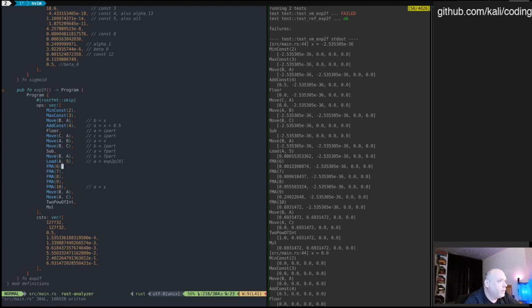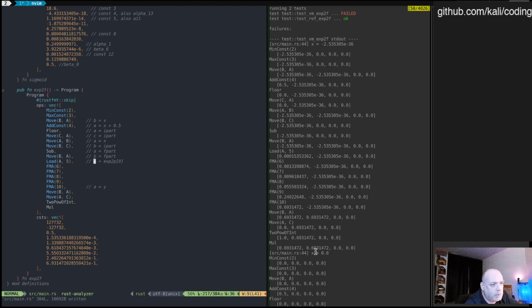Then we're loading the first, so we're putting our tiny value in B. We are then loading the first constant, multiplying. So far, it looks pretty good. We're moving it out of the way. We're moving from C, the 0, 2 to the power of 0 is 1, and so the result is 0.69.